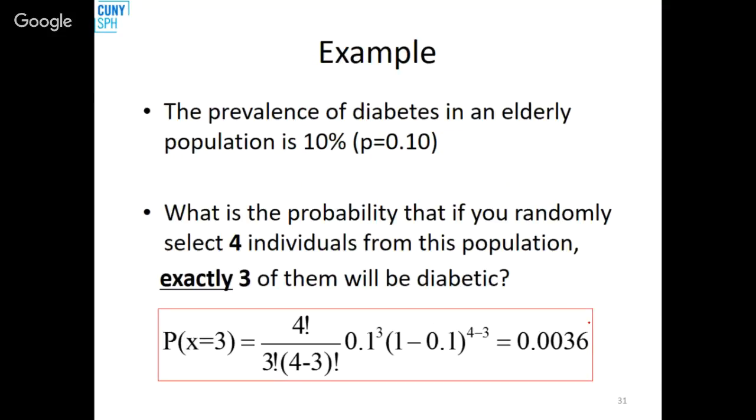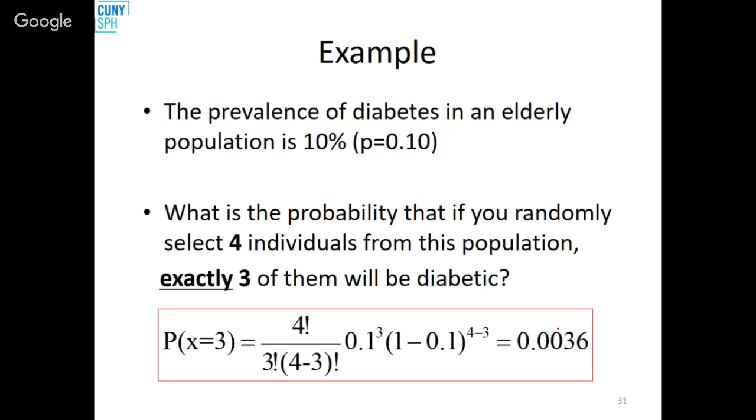It turns out this probability is pretty small, 0.0036. It's only a 10% probability that a particular person has diabetes, so for 3 out of 4 of them to have diabetes, the probability is pretty small.